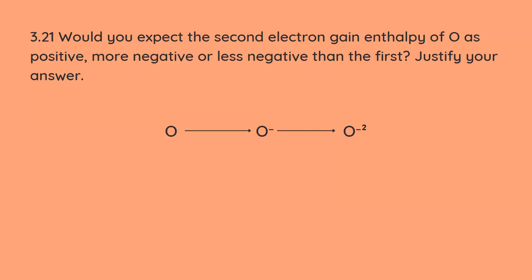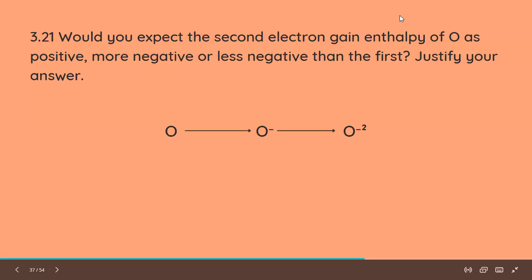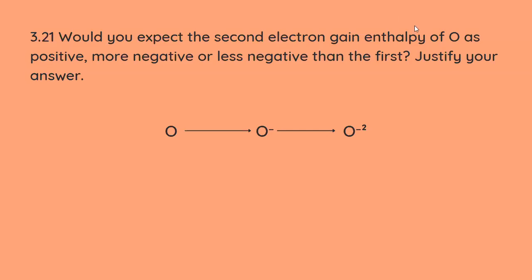How would you expect the second electron gain enthalpy of oxygen to be? Would you expect it to be more positive, more negative, or less negative than the first? When an electron gets added to the oxygen atom, it has a negative electron gain enthalpy.